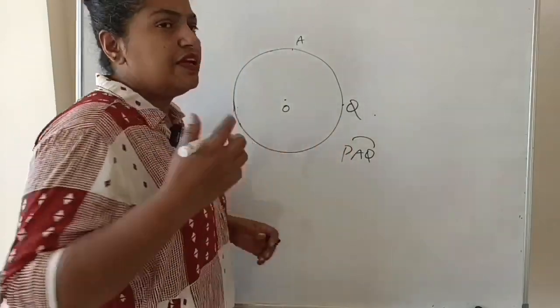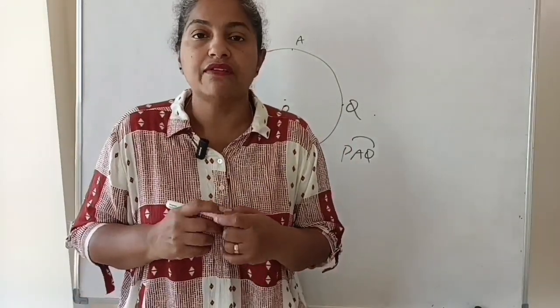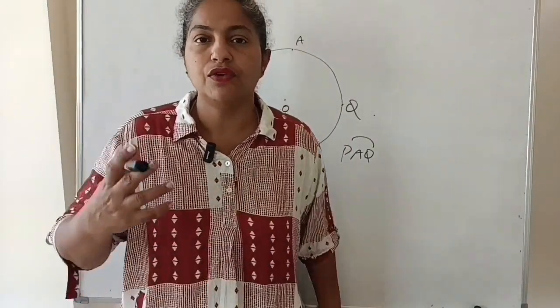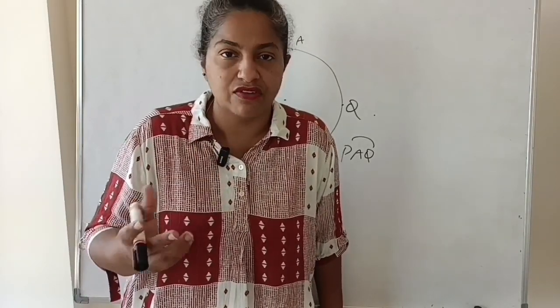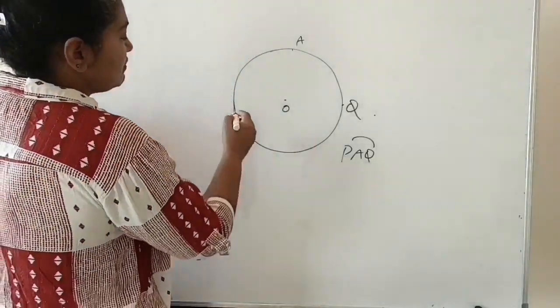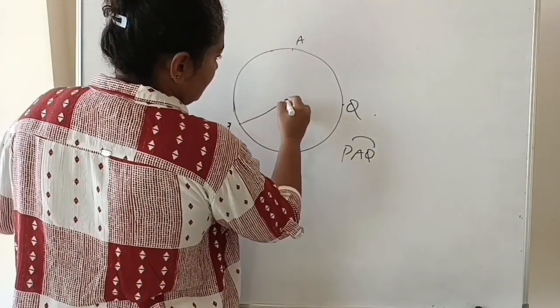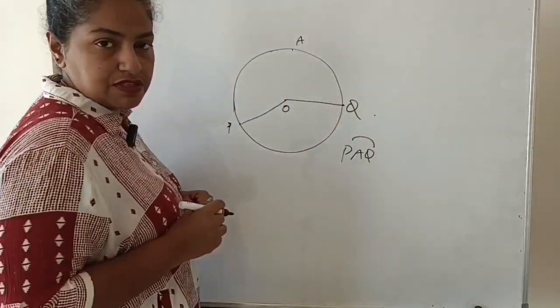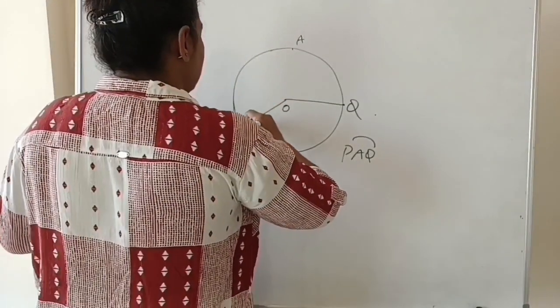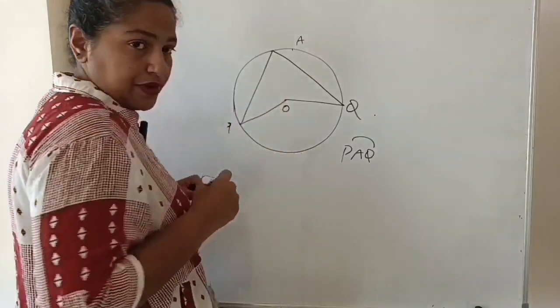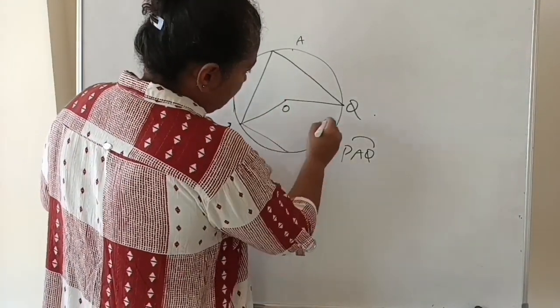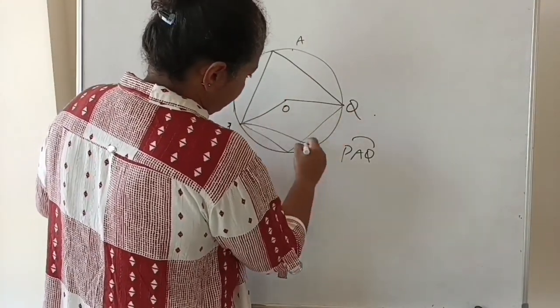Now, whenever you have 2 points along the circumference of a circle, you know that there are 2 types of angles, or 2 angles in 2 positions, that we can draw. One is obviously the angle that these endpoints can form at the center of the circle. Another is the angle that it can form in the major arc of the circle. Of course, you can form angles in the minor arc also.